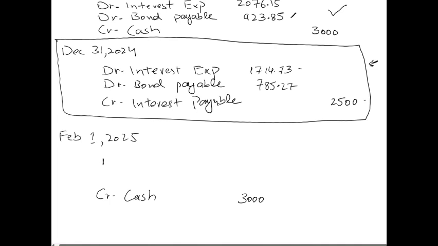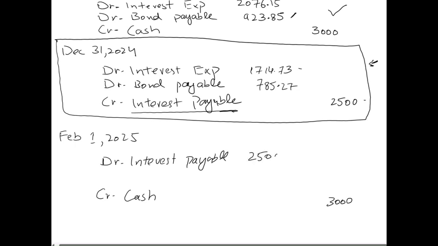Because we have paid off this liability, we need to get rid of that. So we will say debit interest payable, 2,500.